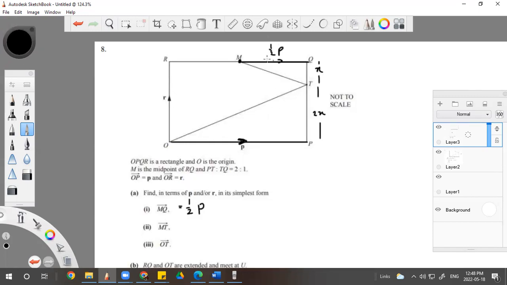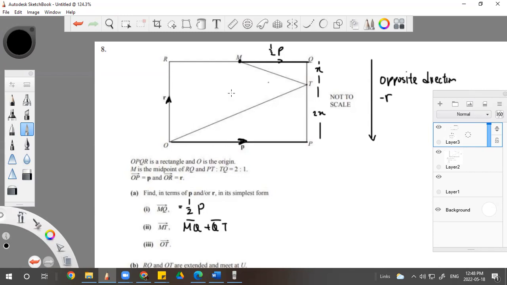MT, how do you calculate MT? Again, you need to use the formula. MT is MQ plus QT. MQ is half P, but QT isn't given. We know OR is R, so QP is negative R because it is in the opposite direction.